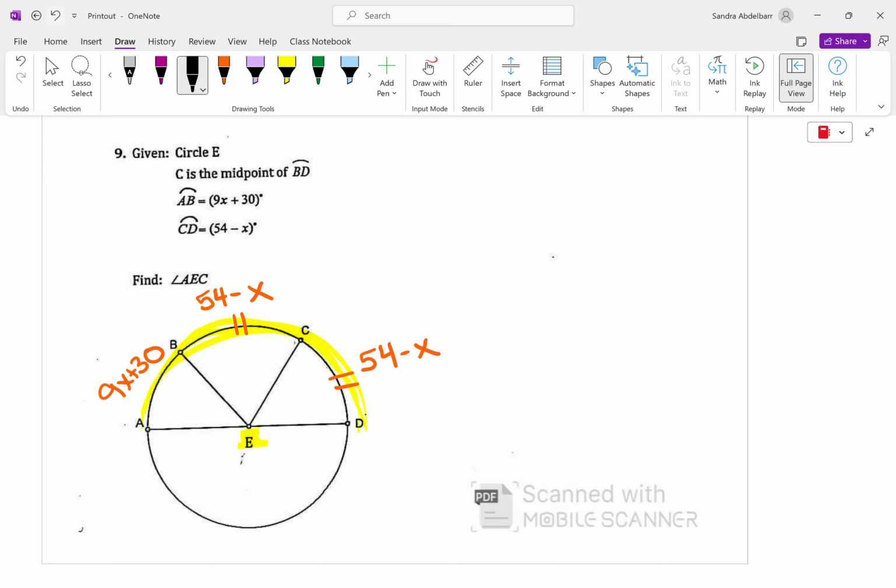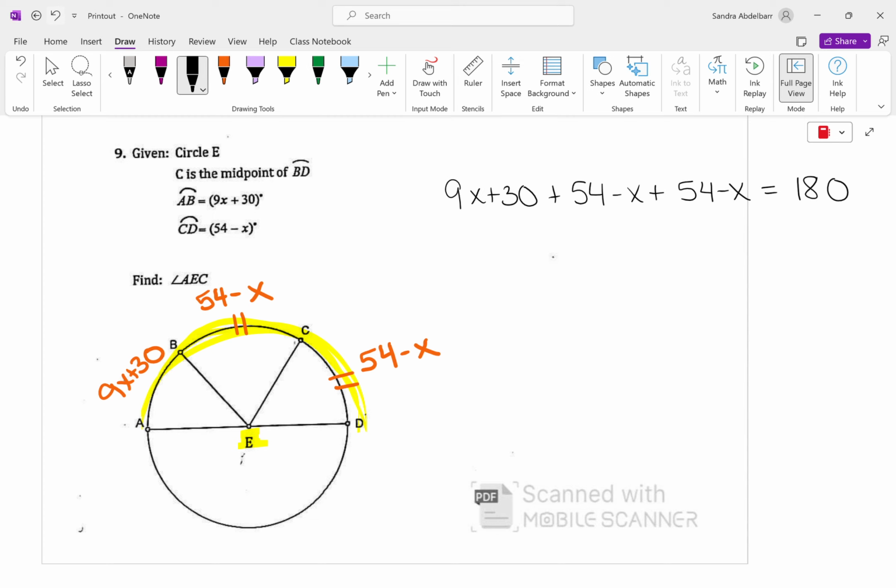You got it. Right now, isn't this whole thing AD? Isn't that a semicircle? And a semicircle is 180 degrees. So we're going to say 9x plus 30 plus 54 minus x plus another 54 minus x equals 180.